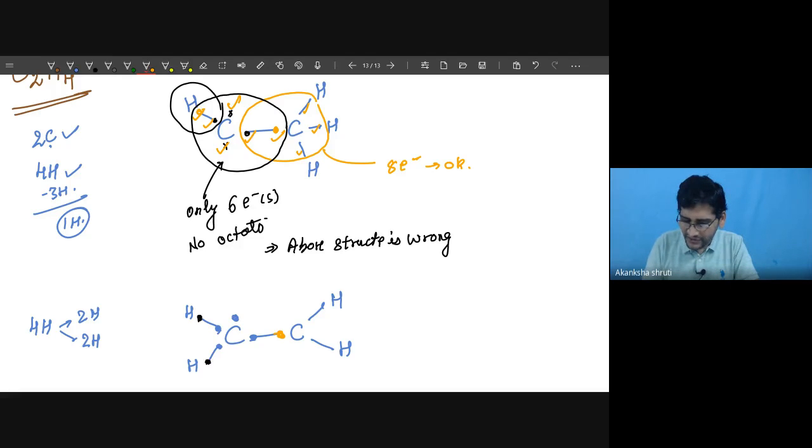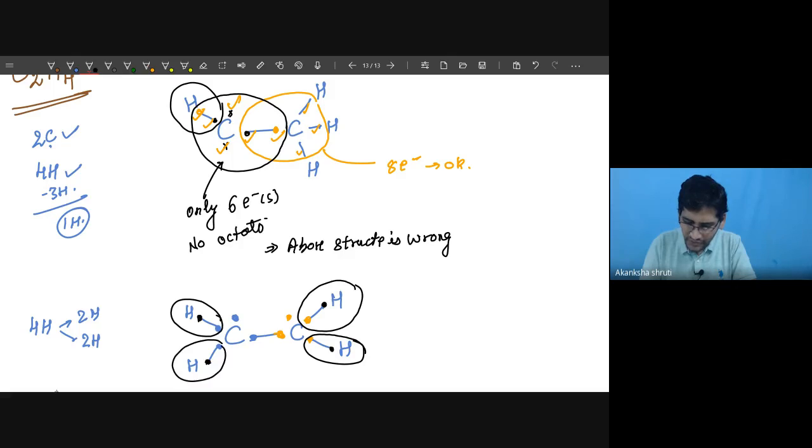Okay, now let us come to the right hand side carbon. It also has a total of 4 electrons, but 3 electrons are shared and 1 electron is still free. Coming to hydrogen, there is no problem because it always forms a single bond.